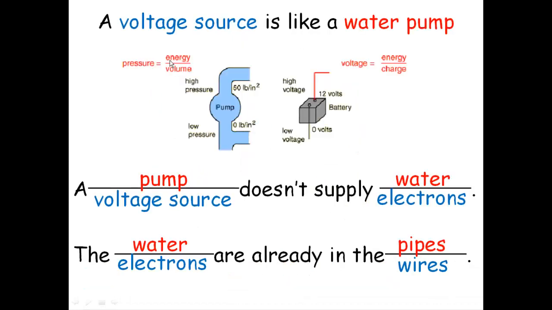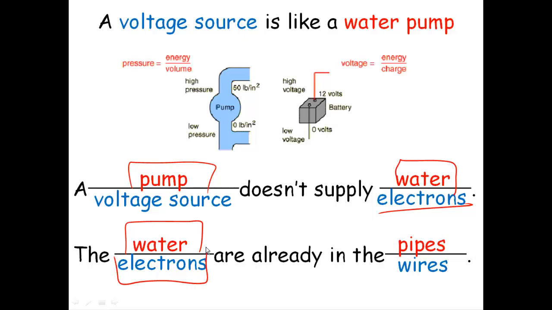So to make that connection between voltage in a battery and the analogy of water, the voltage supplies push for electrons to move and the charge to flow, just like a pump supplies the push to make water flow. And likewise, the water is already in the pipes, and so are the electrons already in the wires.